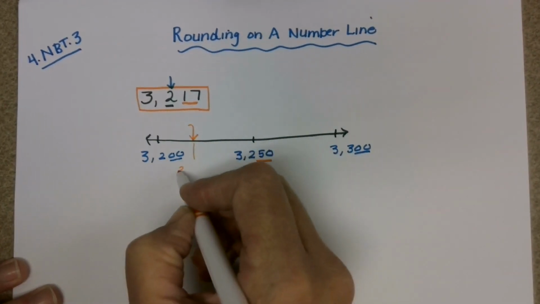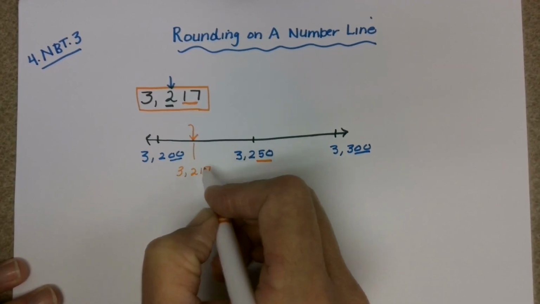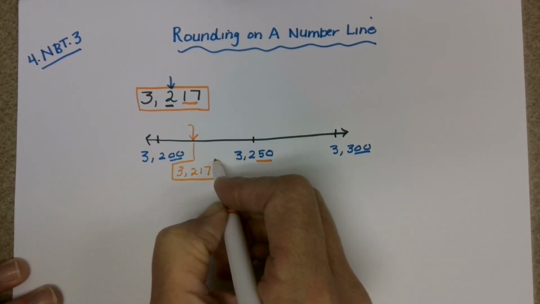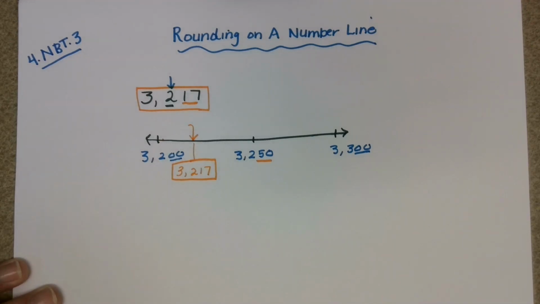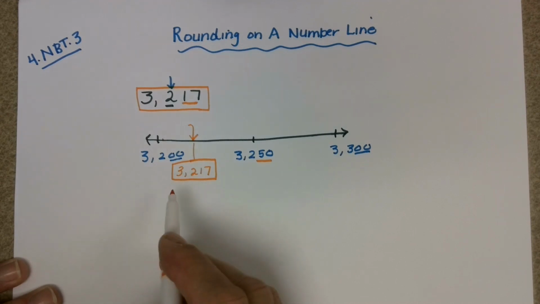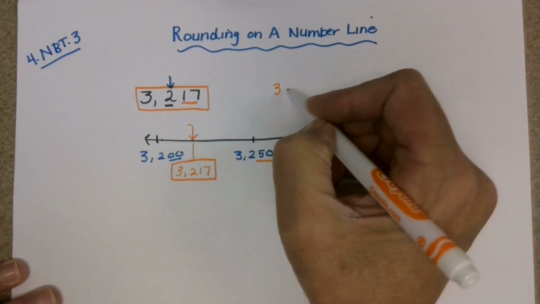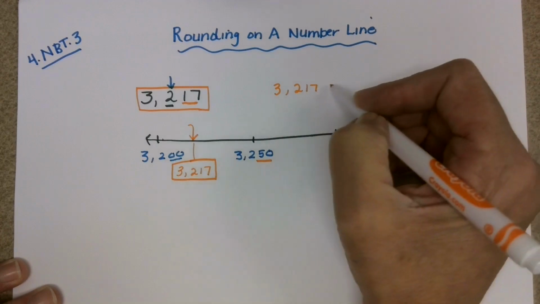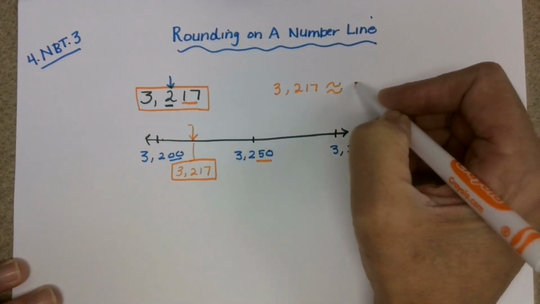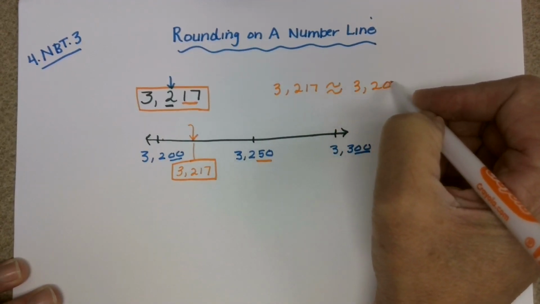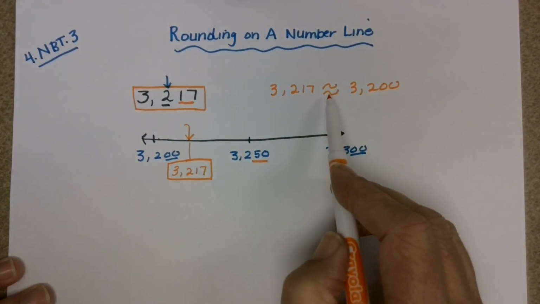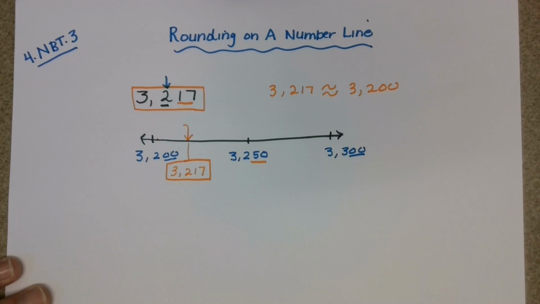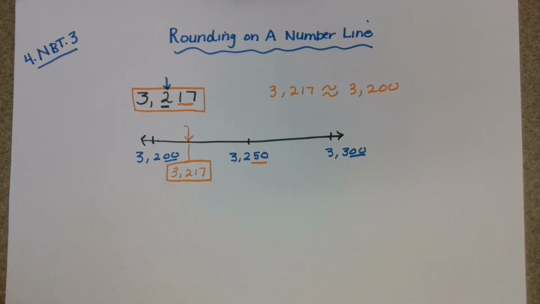So my 3,217 is going to go actually really, really close to the 3,200, definitely to the left of that midpoint, which tells me that 3,217 is about the same as 3,200. That's our estimate. This wavy equal sign tells us that we're estimating.